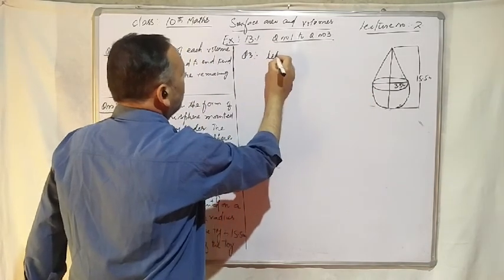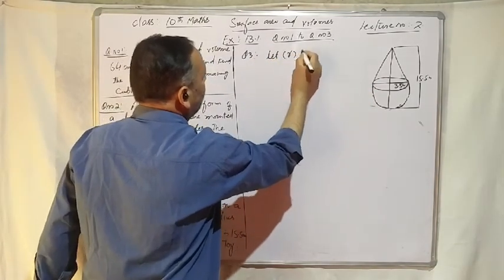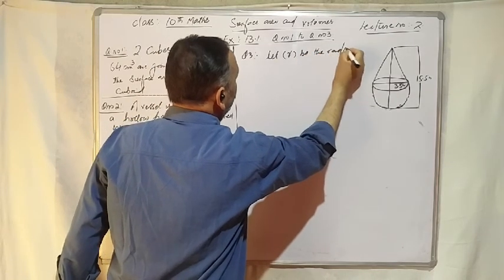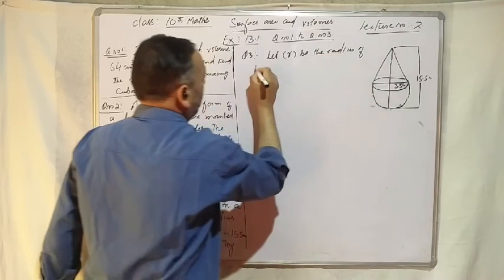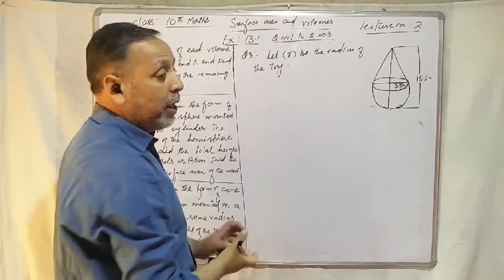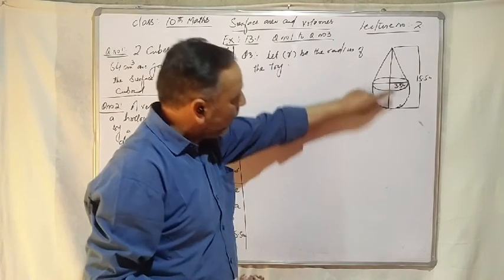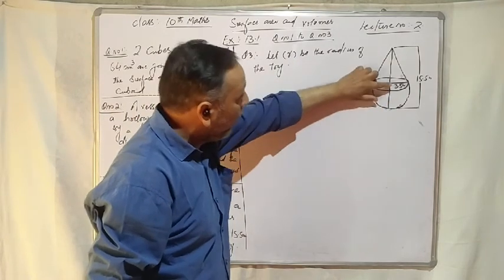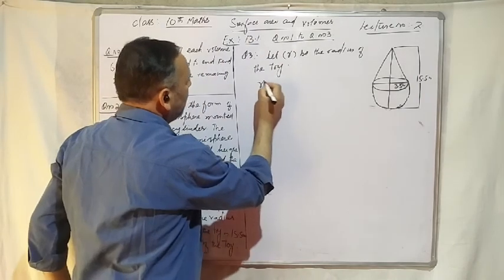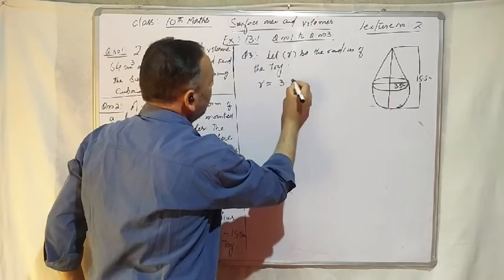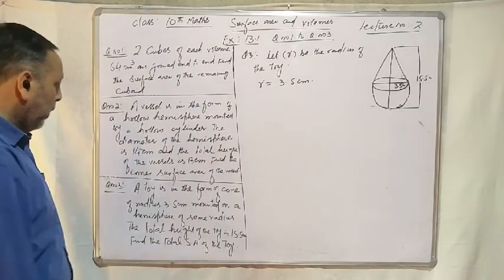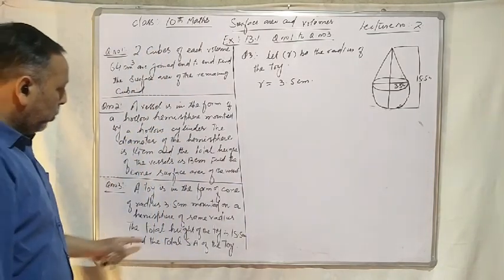Let us say that R be the radius of the toy. When we say R is the radius of the toy, that means R is the radius of hemispherical portion and R is the radius of conical portion. It is given to be 3.5 centimeter. Total height.